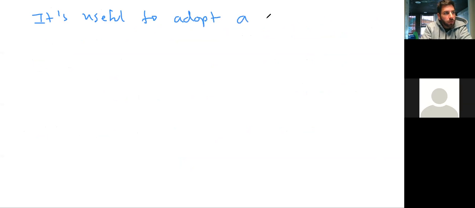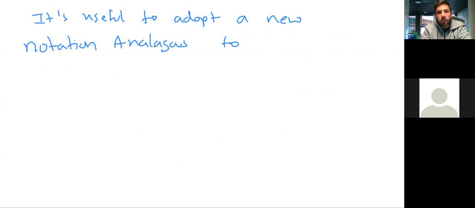So let's introduce it this way. It's useful to adopt a new notation, analogous to the notation we have.